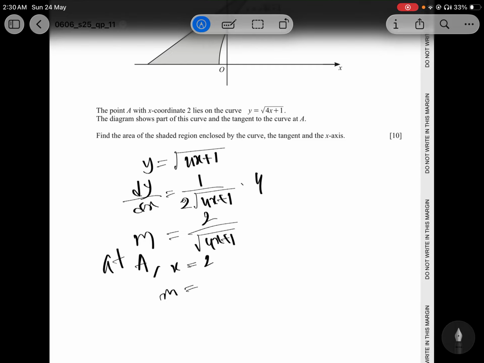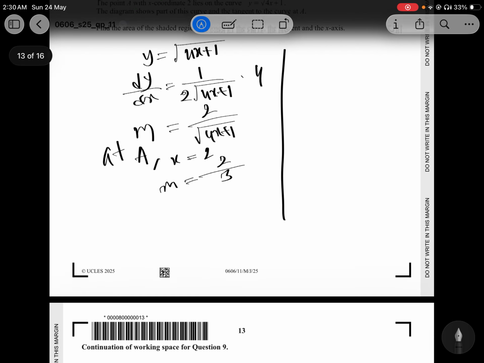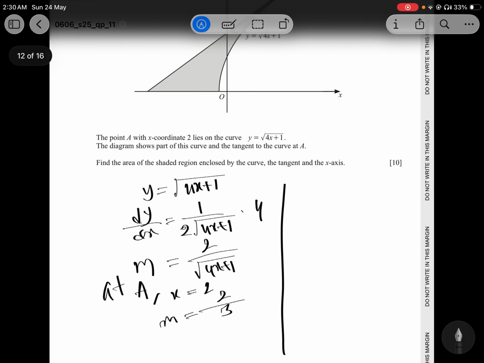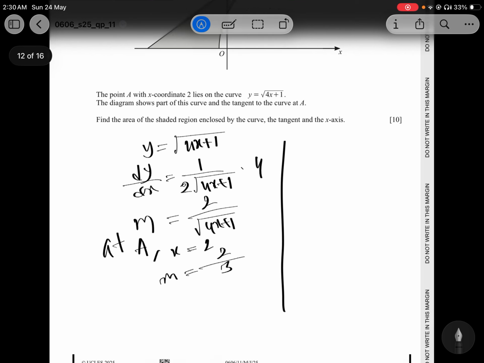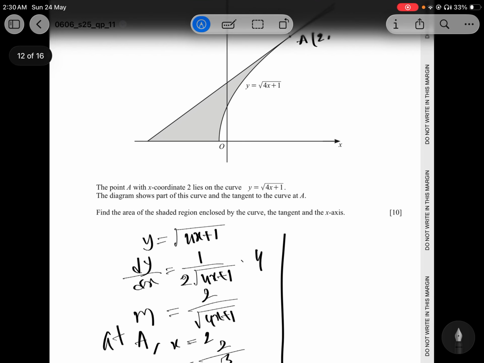The value of m should be 2 over root of 4 times 2 plus 1, 9, which is 2 by 3. Okay, I need the second coordinate. Like I have to complete A, right? This is 2. Now the y should be 3.